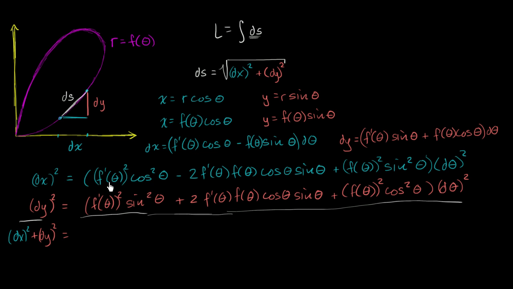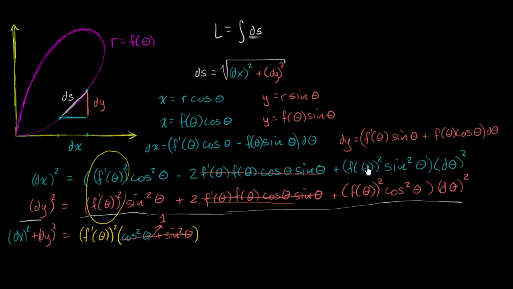So it's going to be f prime of theta squared times cosine squared theta plus sine squared theta. And we see that that's going to simplify nicely, that this is just going to be equal to 1. That's just 1, basic trig identity. And then these middle two terms actually cancel out. This is negative of this. So these two cancel out.